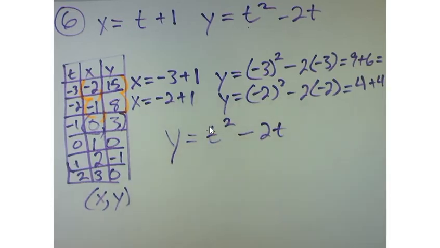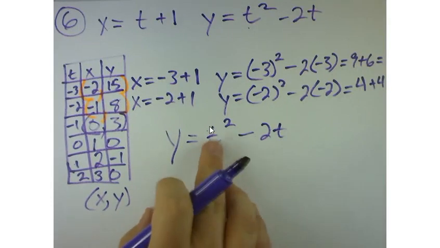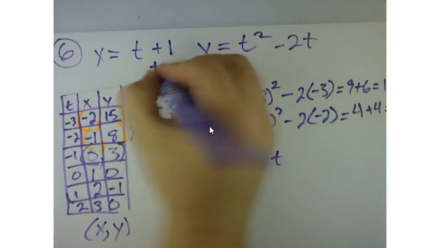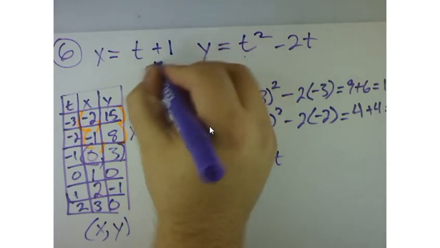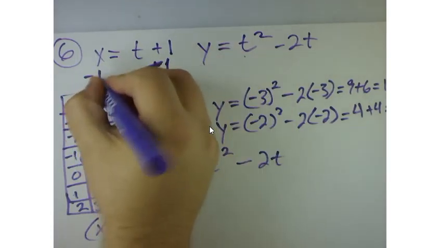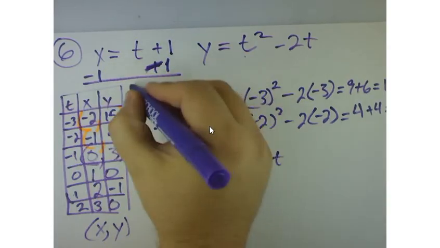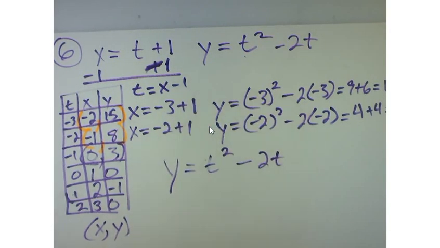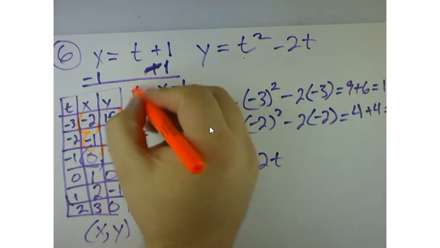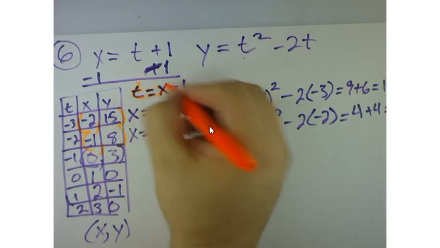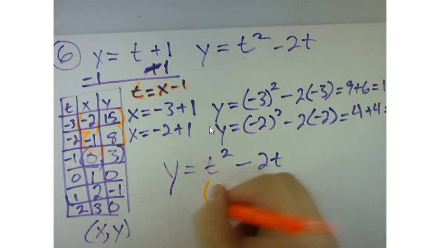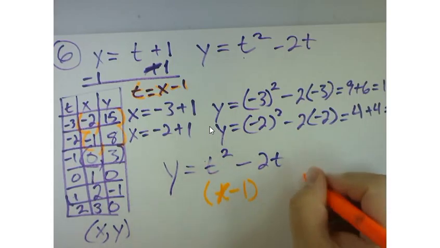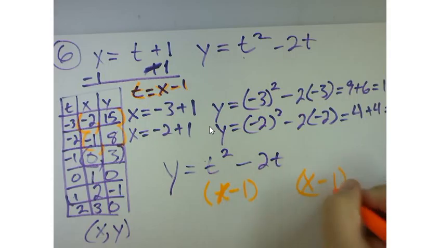And what I need to do is I need to plug some x's in here. Well, the easiest way to do that is to take my x equation and subtract 1 from both sides. And when I do that, I get t is equal to x minus 1. Well, if t is equal to x minus 1, what I could do is I could write in here x minus 1, x minus 1, wherever there's a t, right?